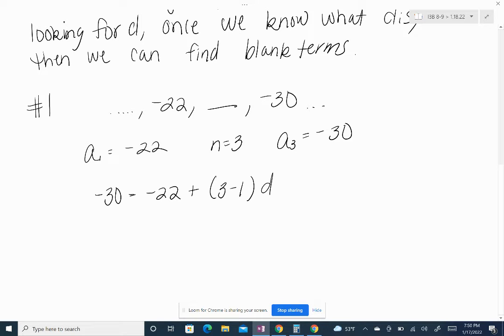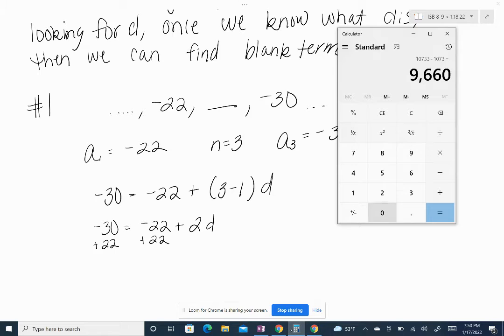The d is the only thing we don't know. So we do 3 minus 1 in the parentheses. That's like our PEMDAS, right? So negative 30 equals negative 22 plus 2d. We want to get the d all by itself, so we're going to add 22 to both sides.